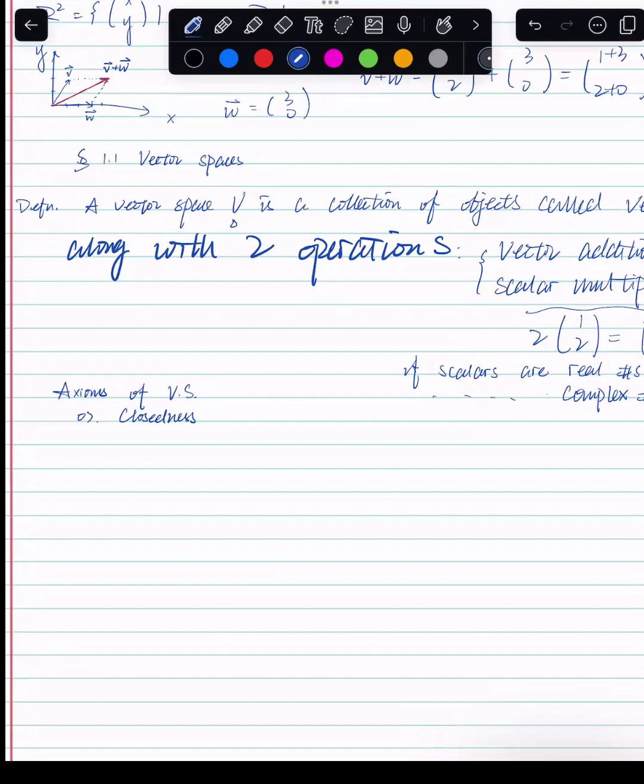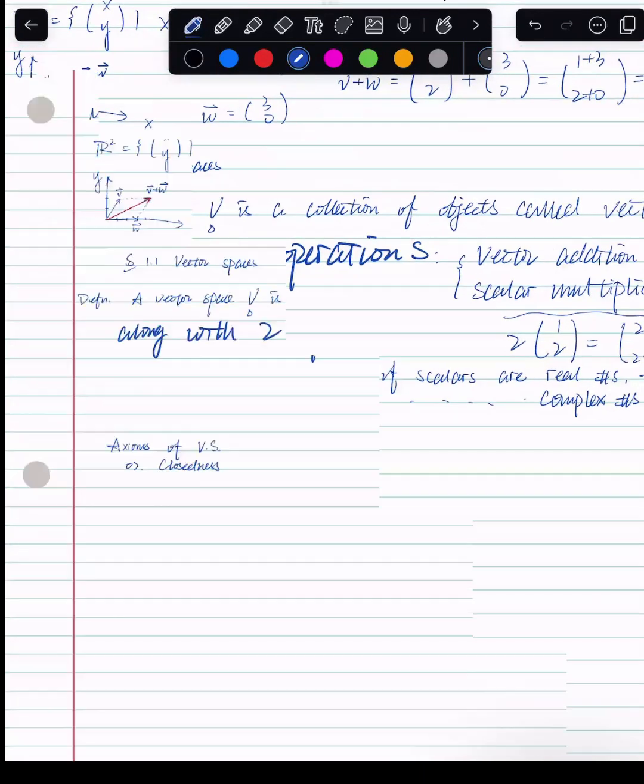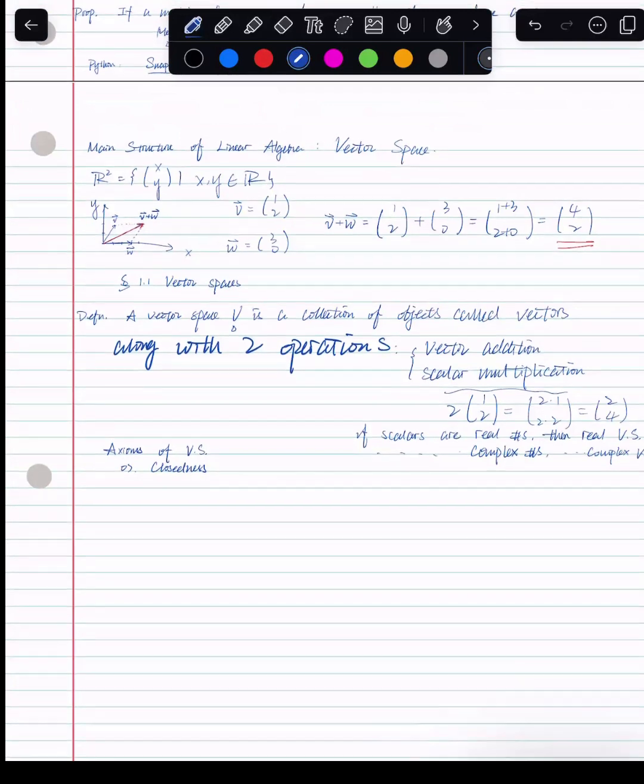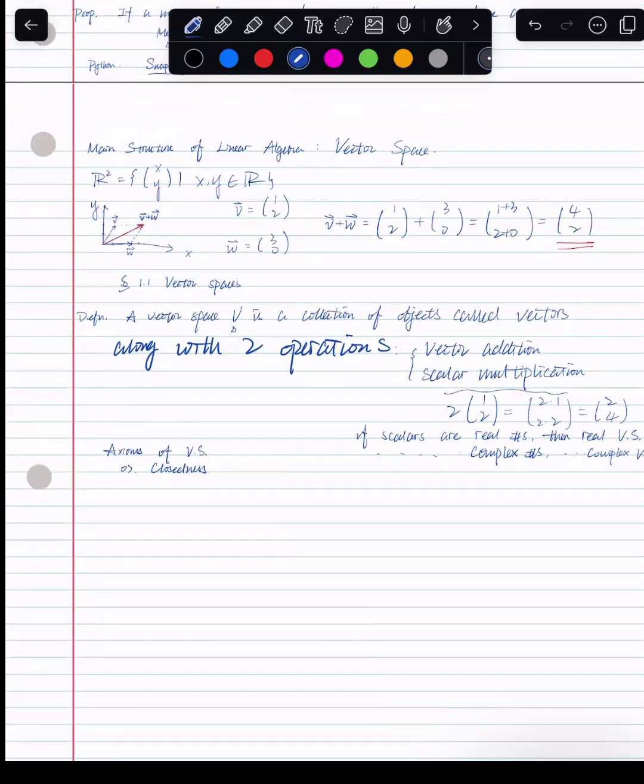So it has to be closed under addition and closed under scalar multiplication.